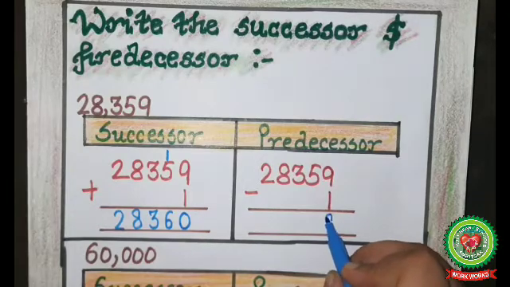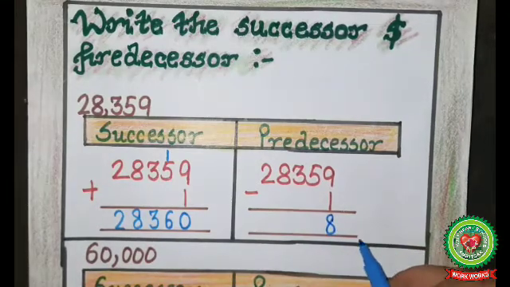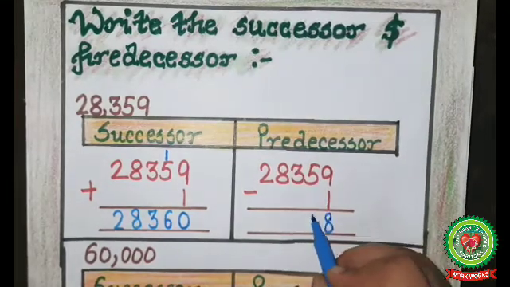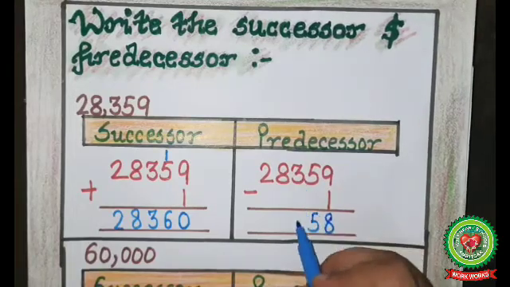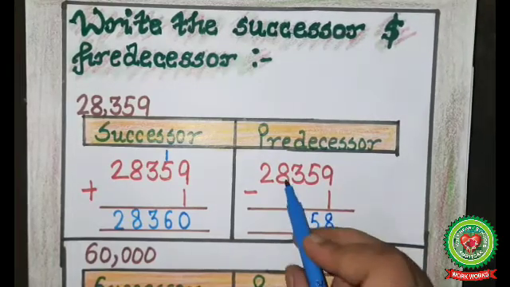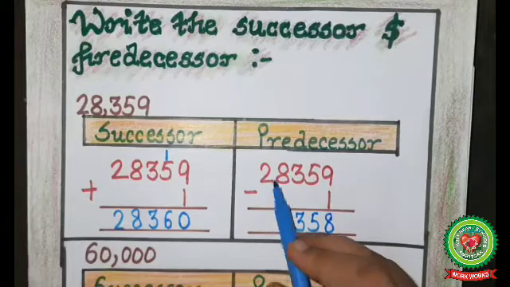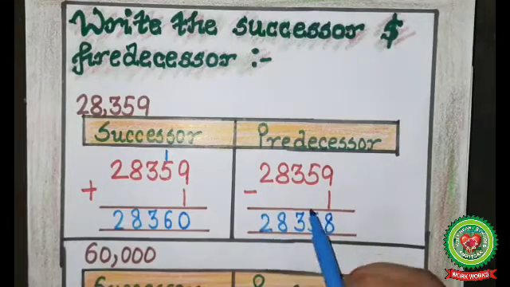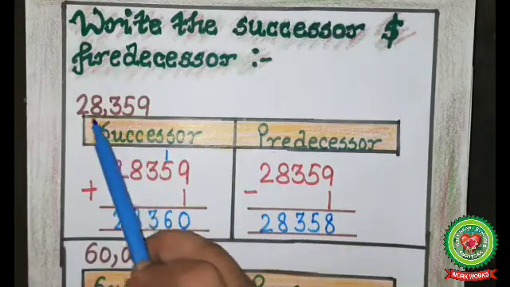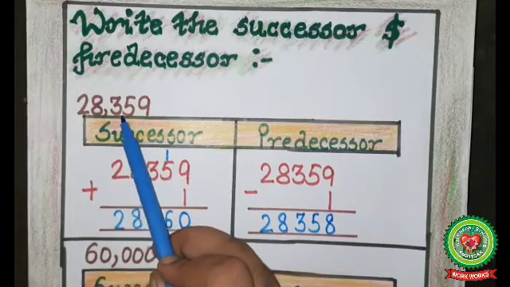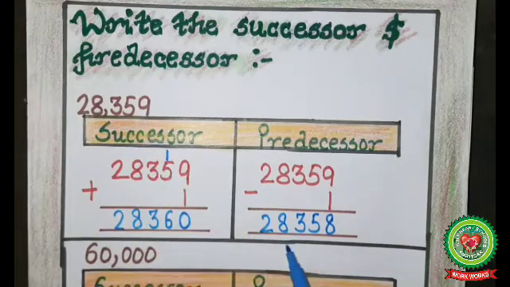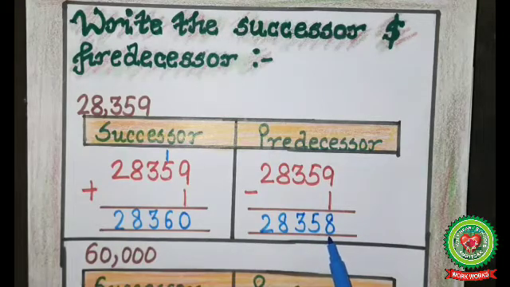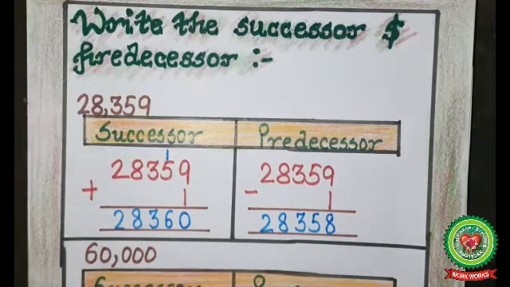Yes, 8. 9 minus 1 is 8. 5 as it is, 3, 8, 2. That means predecessor of 28,359 is 28,358.